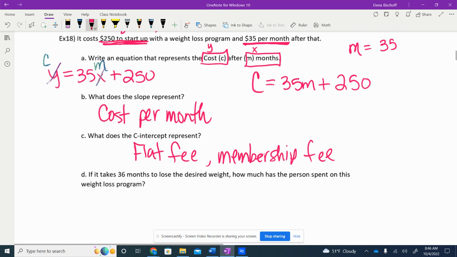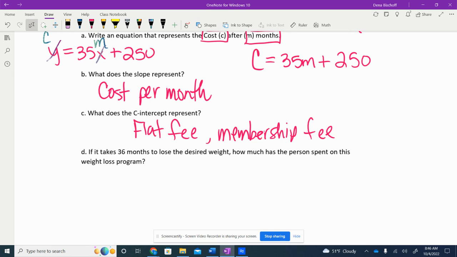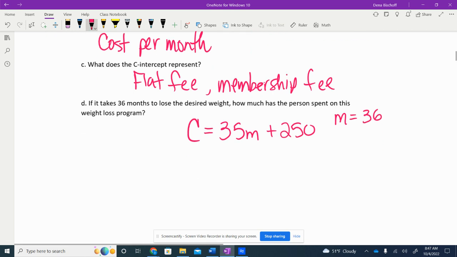If it takes 36 months to lose the desired weight, how much has that person spent on this program? So I'm going to write out the equation again. C is 35M plus 250, and we're letting M equal 36. So what does that mean, Evan? Well, tell me what I need to do first.